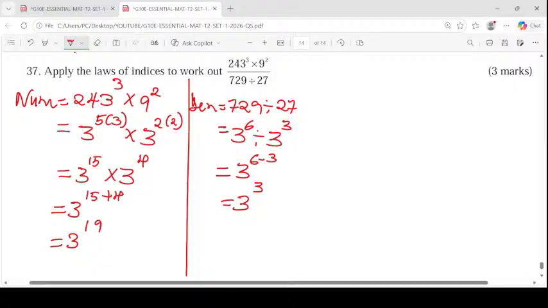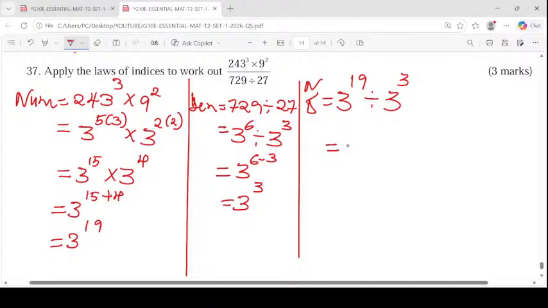Now, we have the numerator divided by the denominator. So numerator over denominator means I'm having 3 power 19 divided by 3 power 3. When you are dividing, you subtract the powers, so this becomes 3 power 19 minus 3. The answer becomes 3 power 16.